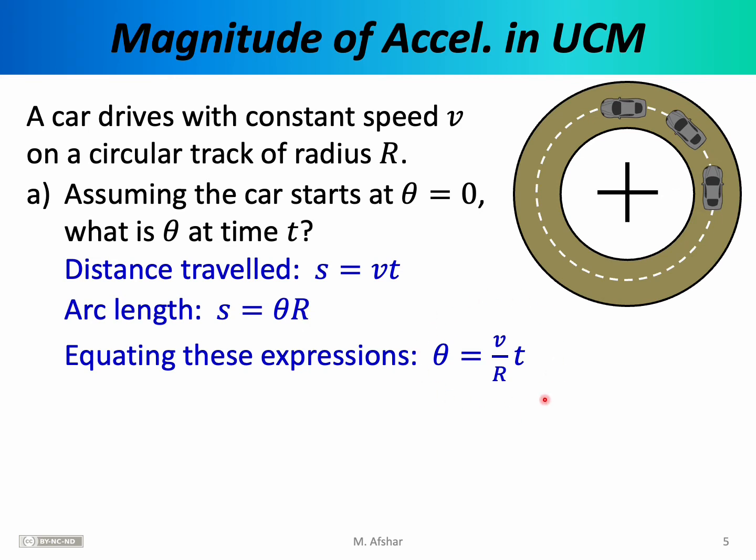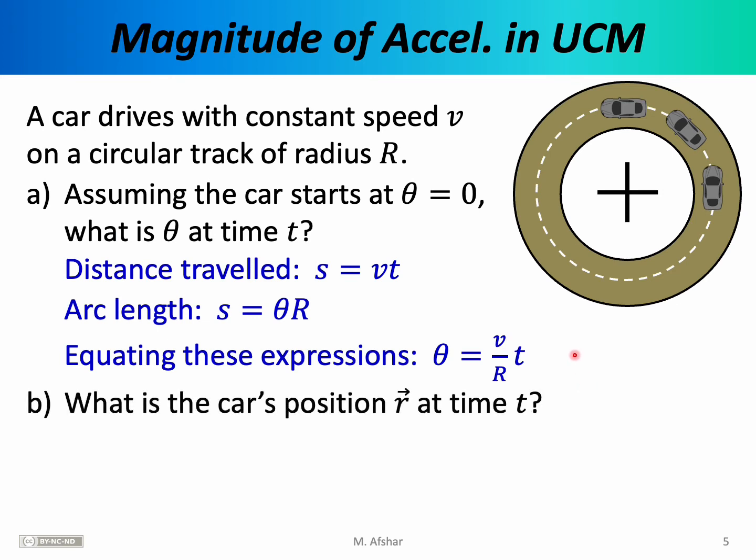This equation is important because now we can figure out the angular position of the car at any given time, so long as v and r are known. Next, we want to discuss the car's position as a function of time. Remember, this is two-dimensional motion, so position is really a vector. It has an x component and a y component.